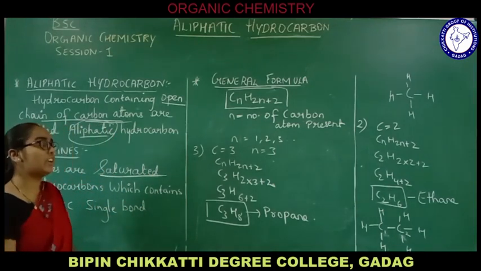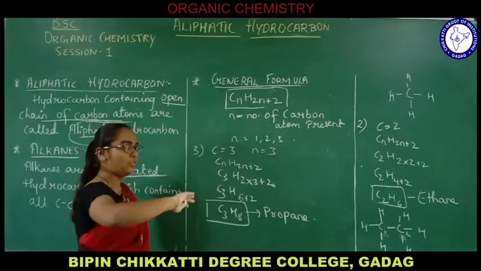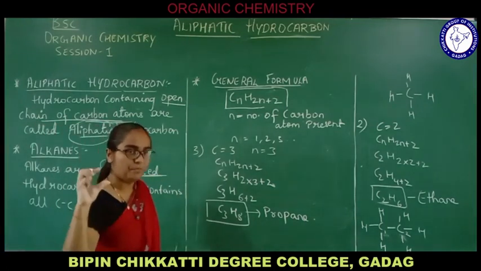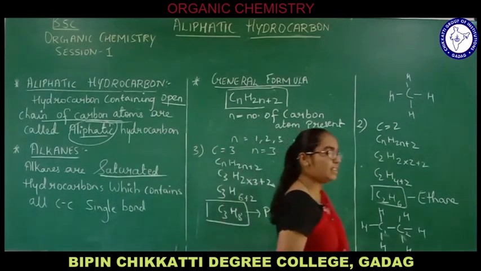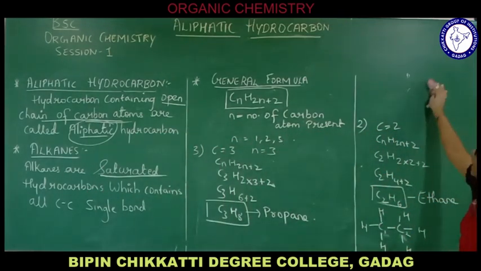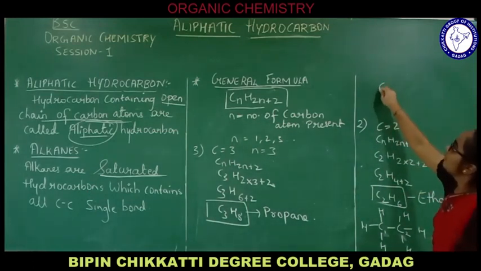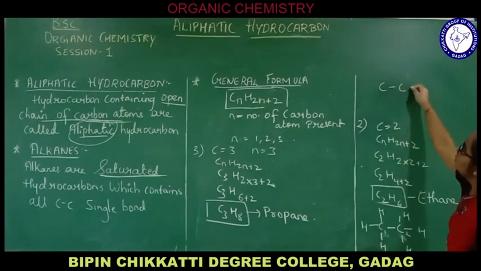Now if I want to write down the structure for propane, you need to write it in the skeletal, straight form, an open chain compound. Let's draw the open chain structure of propane with 3 carbon atoms: 1, 2, 3.